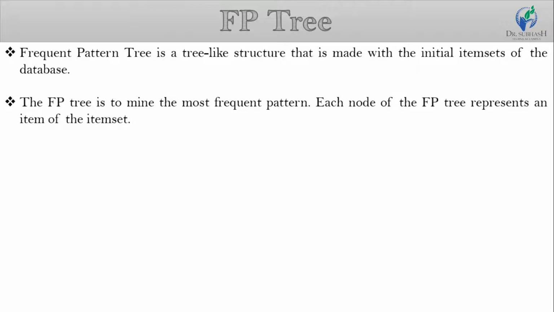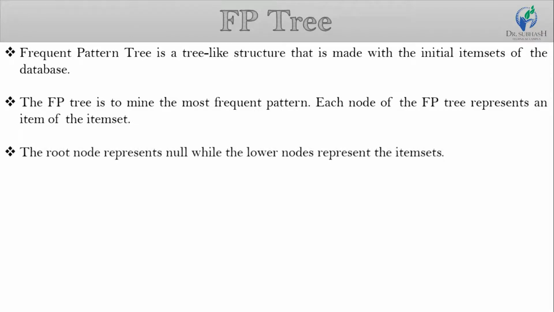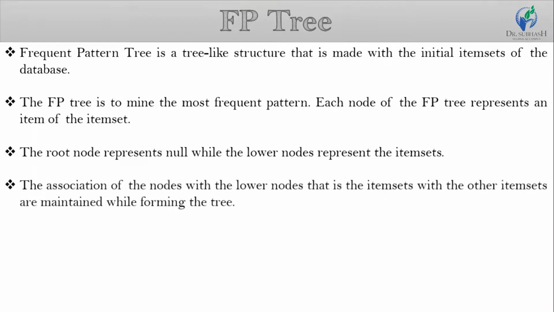Each node of the FP tree represents an item of the item sets. The root node represents null, while the lower nodes represent the item sets. The association of the nodes with the lower nodes, that is the item set with the other item sets, is maintained while forming the tree.